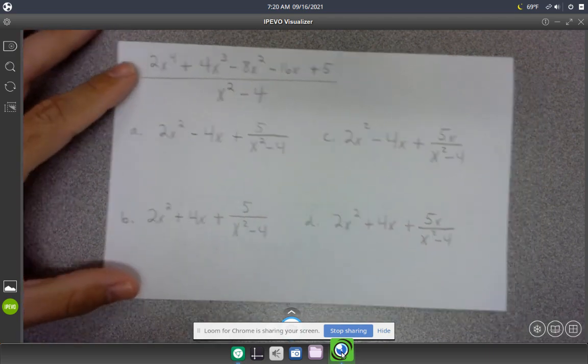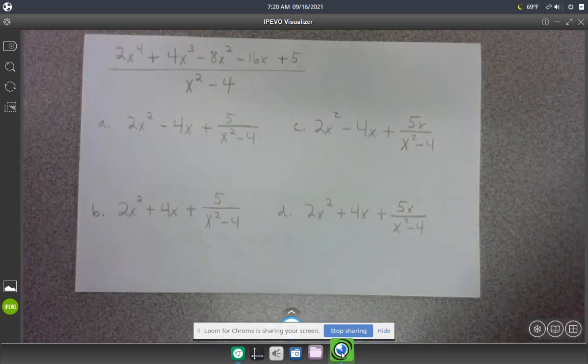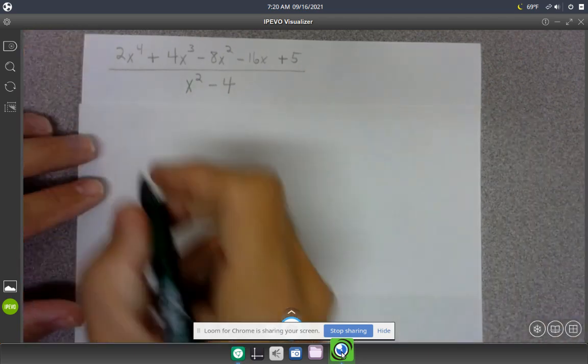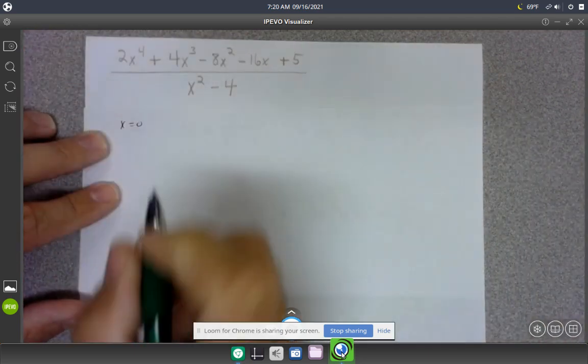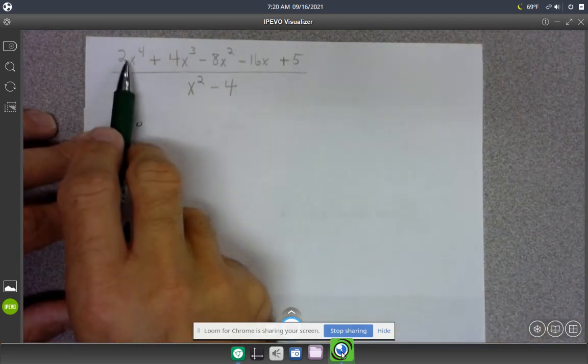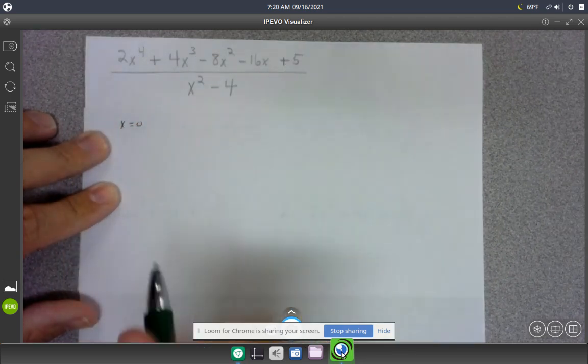First, what I want to do is go through and plug in 0. Hopefully, that's going to narrow down my answer choices. If I plug in 0 for x, because it's really easy to do, this whole top part's going to disintegrate except for the 5.